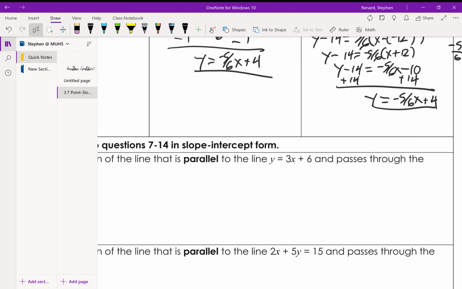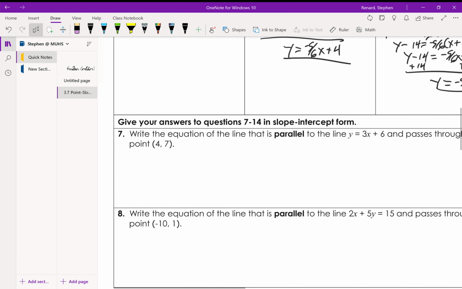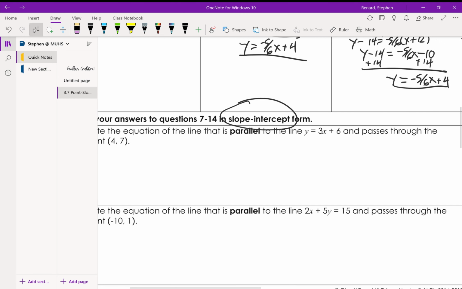Okay, moving on. Here it says give your answers, again, in slope-intercept form. Now these need to be parallel. So what we do is we look at this line.